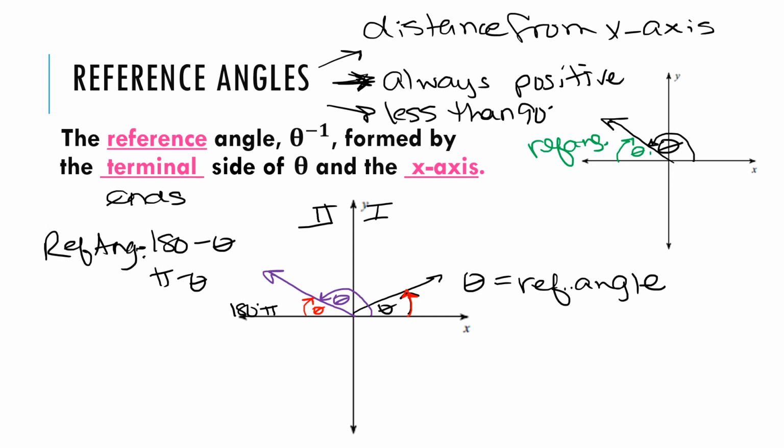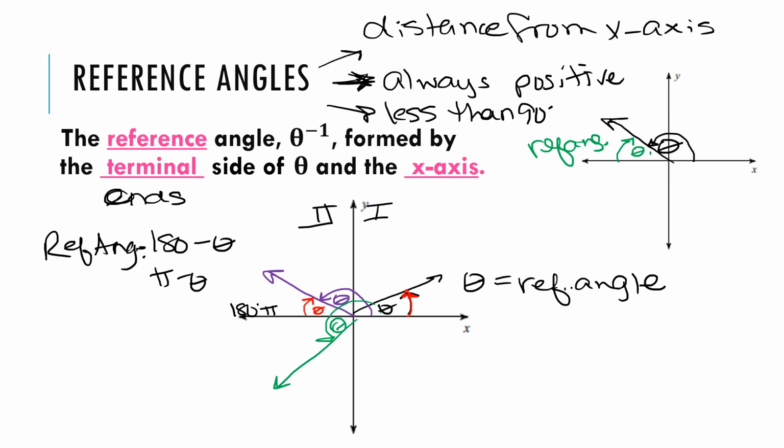So again, if I'm in quadrant 1, that angle represents the reference angle because it's less than 90, it's positive, and it is the distance from the x-axis. In quadrant 2, we are looking at a distance back from 180 degrees or pi, and that will give us our reference angle. If we sketch in quadrant 3, so I'm going to sketch an angle in quadrant 3, there's my original theta.